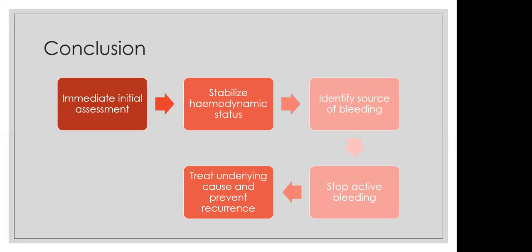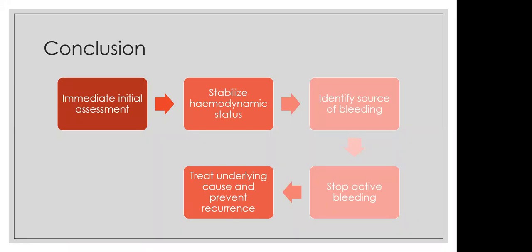So my conclusion in this whole talk is that what is important in management of a patient with an upper GI bleed is basically based on this approach. It's not as important to identify the source of bleeding as it is to stabilize the patient.